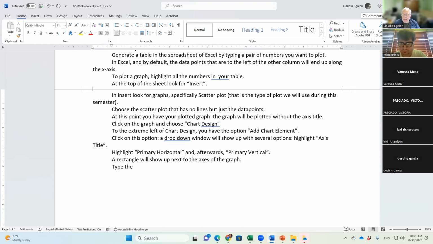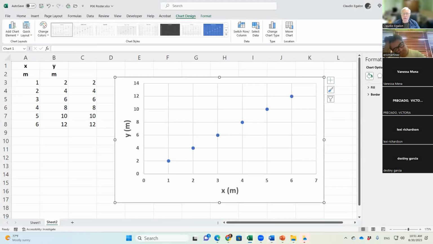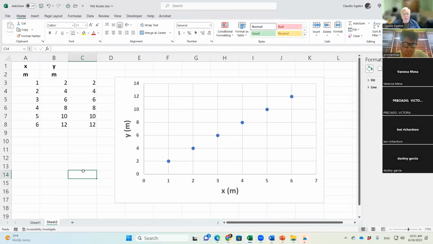Type the axis title with its corresponding units. That's what we did. Axis title, corresponding unit. Those are the step-by-step instructions that we have here. But there is more that we have to do.